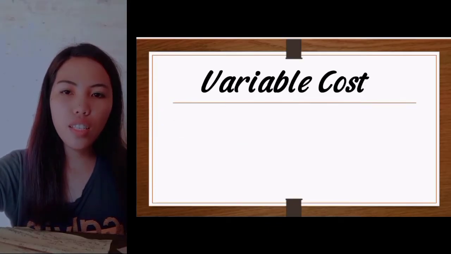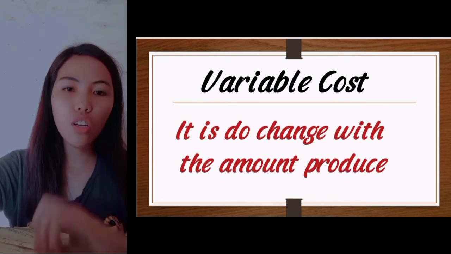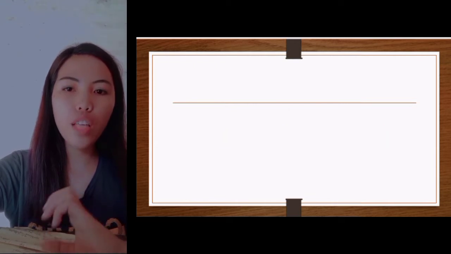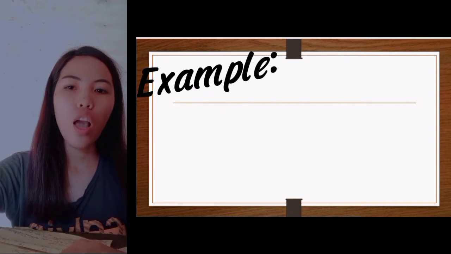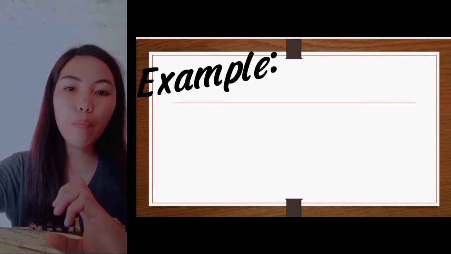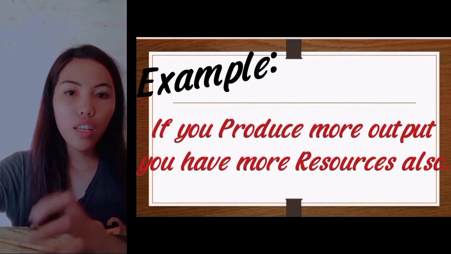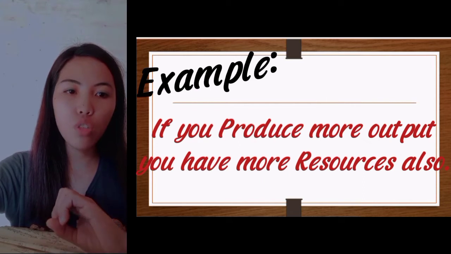The next is the variable cost. When we say variable cost, it is the cost that does change with the amount produced. So, for example, the same pizza company, if you are going to produce more output, then of course, you need more resources.